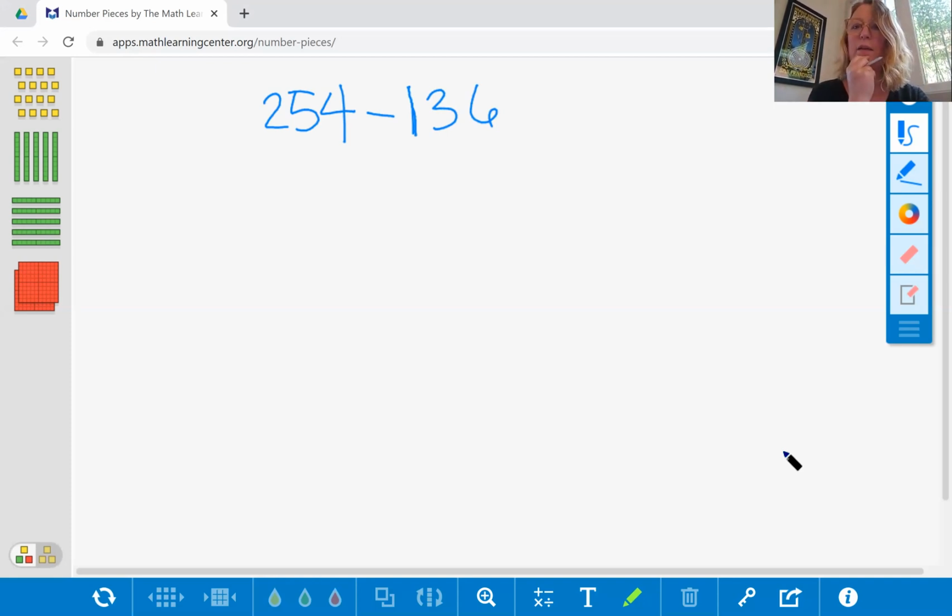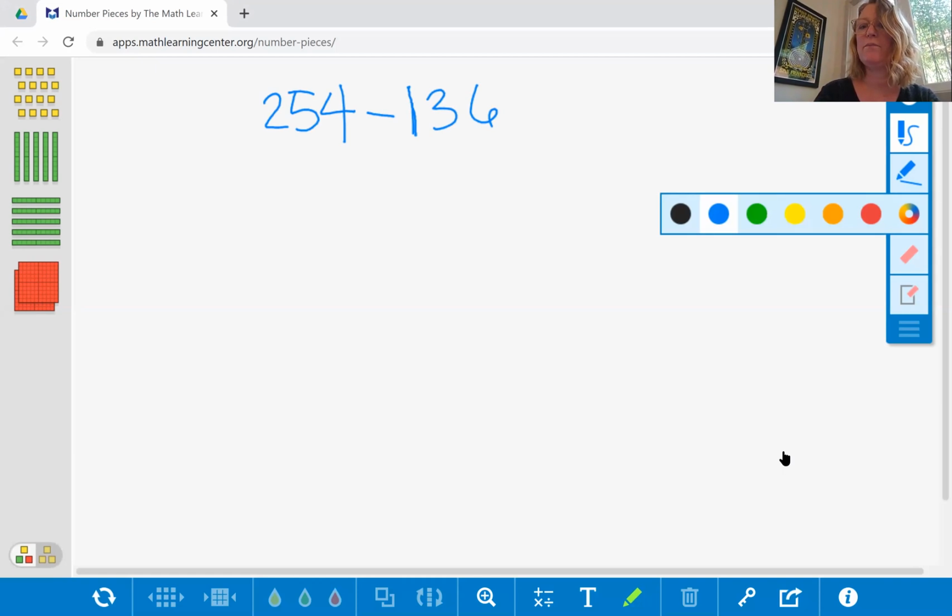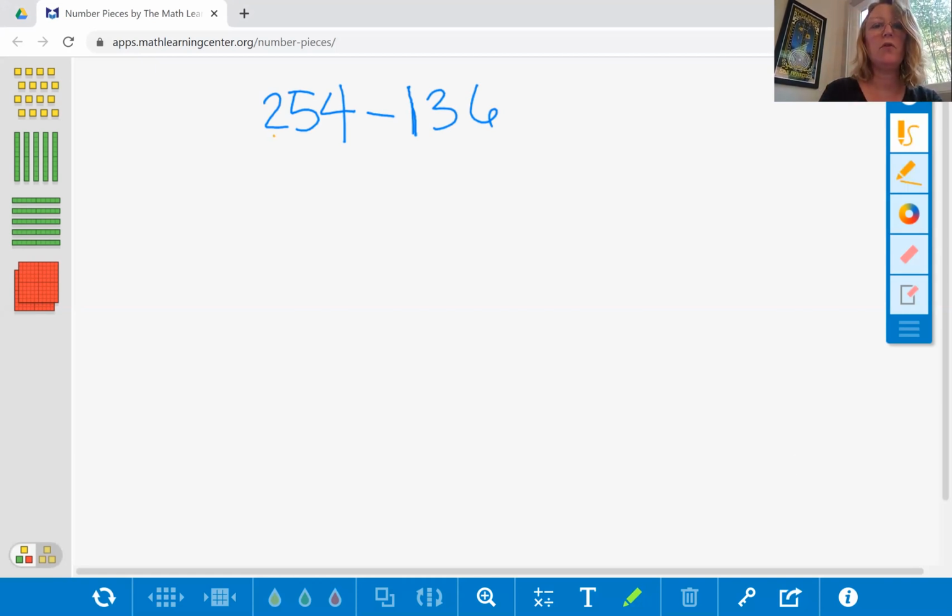Okay, so I can break this down by place value. 200 minus 100 is 100. 5 tens minus 3 tens, 50 minus 30 is 20, 2 tens.